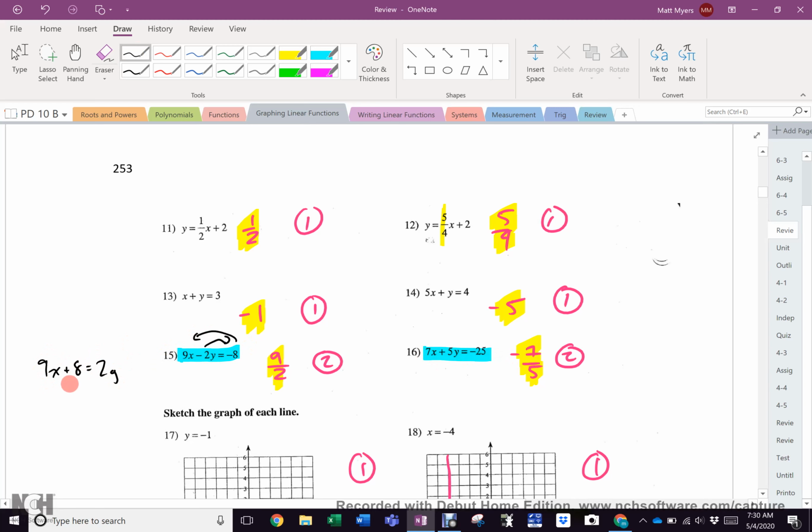Then, of course, I had to divide everything by 2 to isolate y. 9 halves x plus 4 equaled y. So there is my slope. Over here, same thing. 5y equals negative 7x minus 25. Divide that by 5. Nothing else matters because I only cared about the slope.